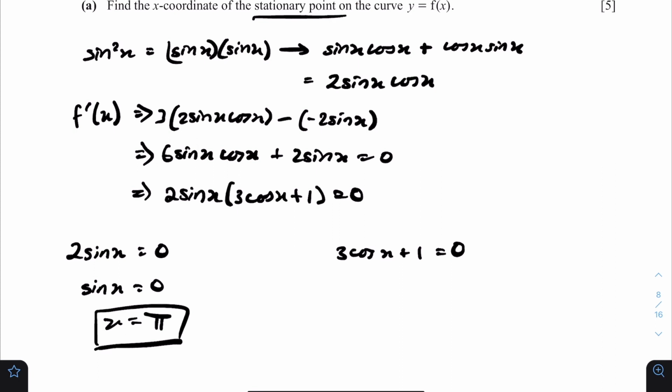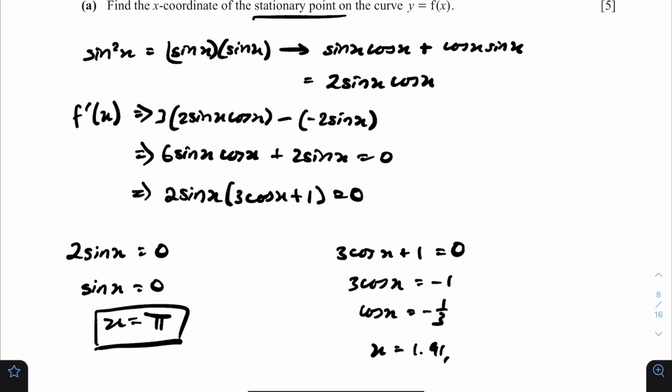But let's see if there are any more solutions. 3 cos x plus 1 equals 0 could yield another solution. So 3 cos x is equal to negative 1, and cos x is equal to negative 1 over 3. So x is the inverse of cos; let me just check what that is. The inverse cos of negative 1 over 3 gives us 1.91, which again misses the domain, but maybe the other solution will.